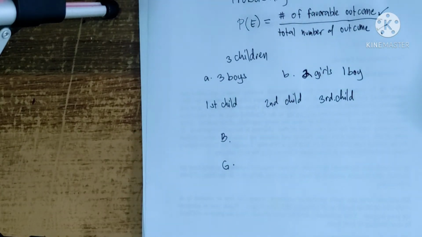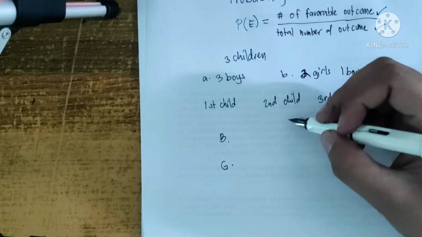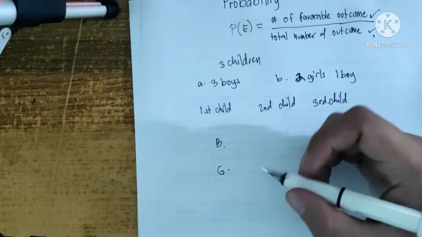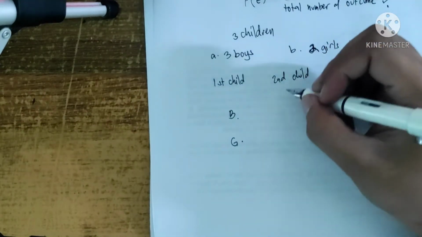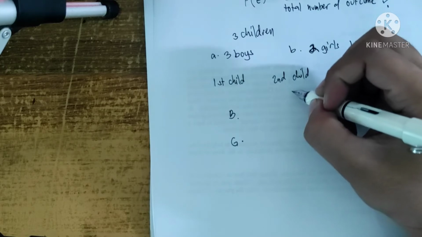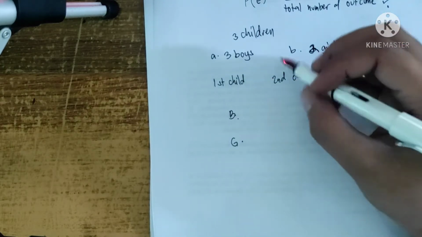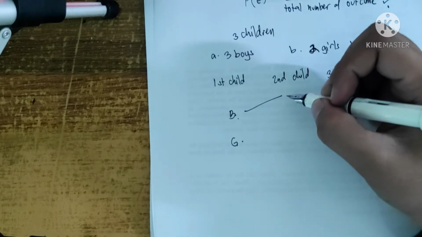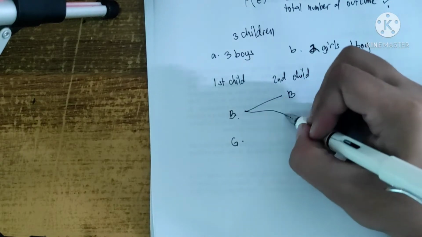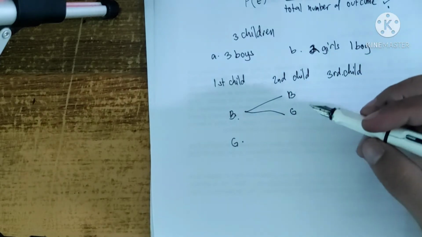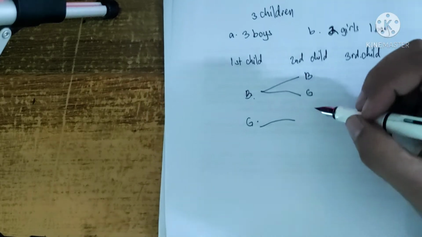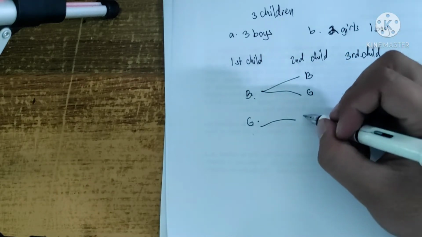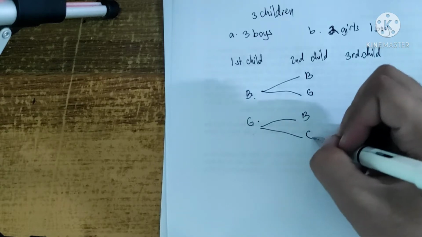Okay? Next, sa second child naman, yung kasarian yung sinasabi natin dito. Pwedeng sa first child mo is boy, sa second child meron namang dalawang possibility, which is boy or a girl. Okay? Next, for the girl naman, first child mo is girl. Yung second child mo, possible outcome niya is boy or girl.